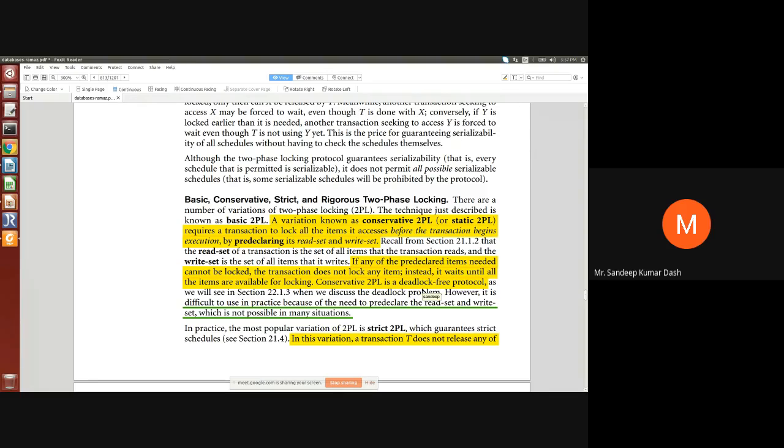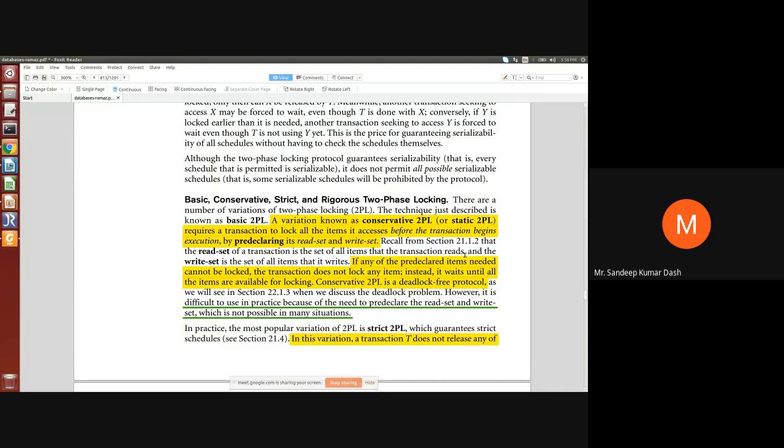What will be done? That's why declaring all the data items from the start is impractical, and this is hardly used. So this is conservative 2PL, where all the transactions apply for the locks initially, and whenever they are granted, only then can the operation start.